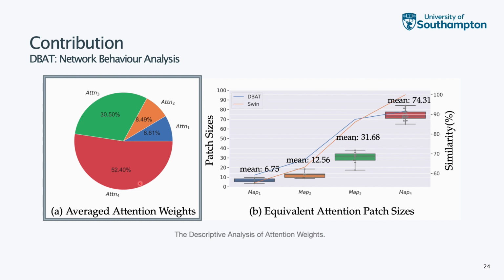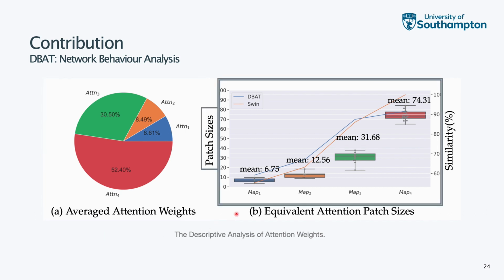Figure A here shows the average attention weights for the 4 feature maps extracted from the encoder. The box plots in Figure B show the equivalent patch size used to extract features from the feature map 1 to 4.